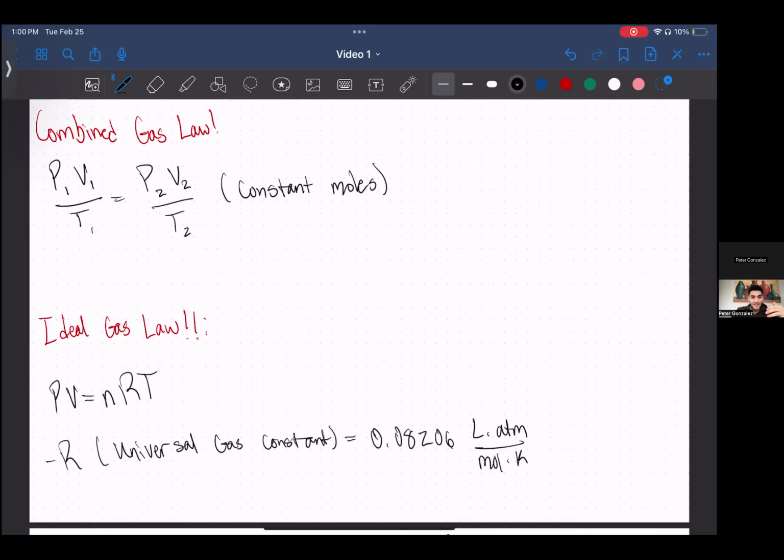I'll talk about units in the next slide, but you really want to take note of what units you're using, since this R will give you answers with liters and atms, whereas the other R that I'll use in future videos when we get to the energy stuff will give you answers in joules, because you want energy units, not liters or atms.